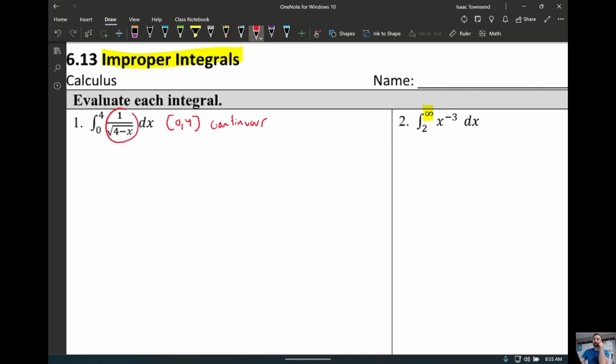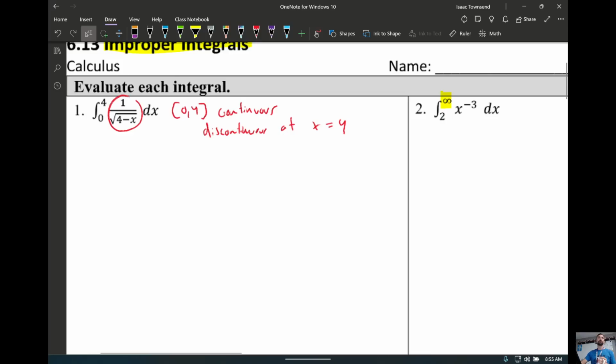So notice if you plugged in 4 here, you'd get division by 0. So it is discontinuous at x equals 4. So the integrand, which is the thing you're taking the integral of, if it is undefined for some part of this, it is also considered an improper integral.